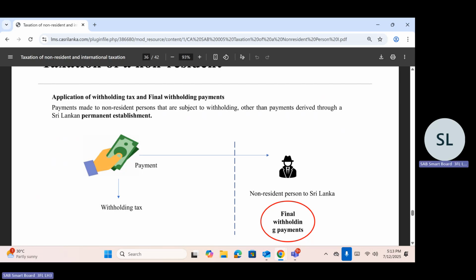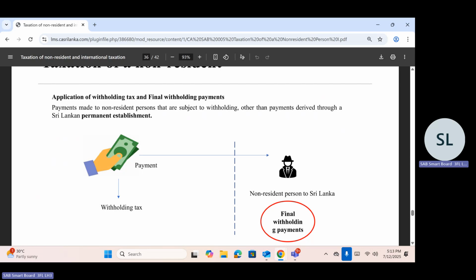Dividend is 15%. Right? Other than that, it is 14%, or for transportation business there is another rate. But other than those, generally it is 14%, say either rent, interest or whatever is subject to tax. This is taxed at 14%.